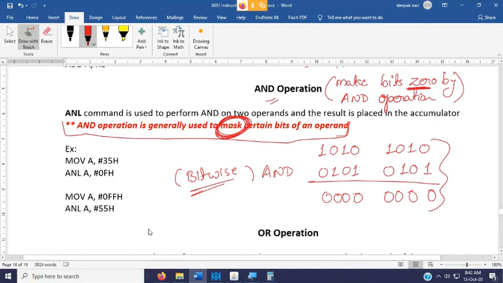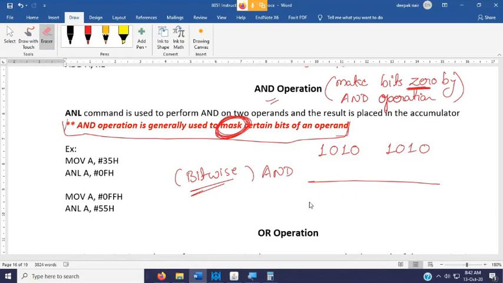For example, suppose I want to make this particular bit 0, only this particular bit. In that case what I can do is multiply this with 1 1 1 0 1, because I want to make it 0.